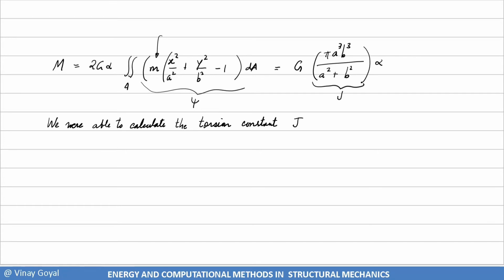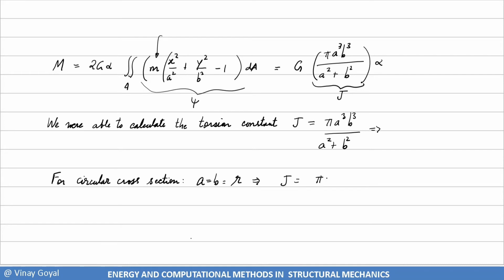I'm going to define this as J. So you have a circular cross section for circular. Which will match a book on this.